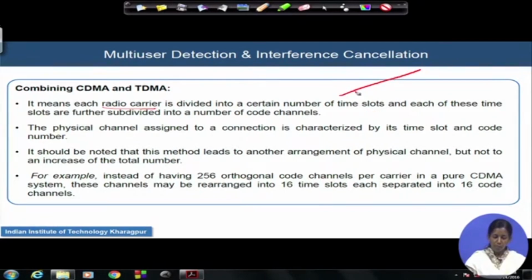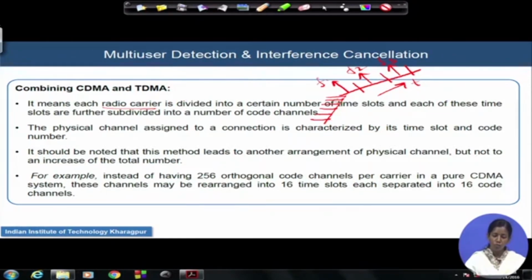So, what I am saying is there is a time axis, and it is divided into certain time bins. In every time bin there is a carrier frequency allotted, and inside each carrier frequency I have a certain number of code channels allocated. For example, associated to this F1, say 4 or 5 codes are available, associated to this F2 another 5 codes are available, and like that it goes on. The physical channel assignment to a connection is now characterized by two factors.